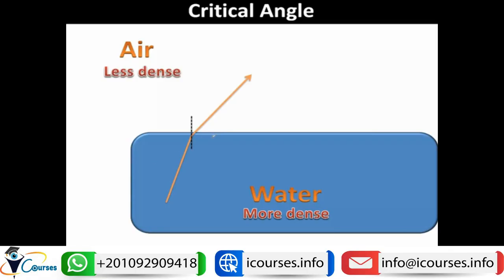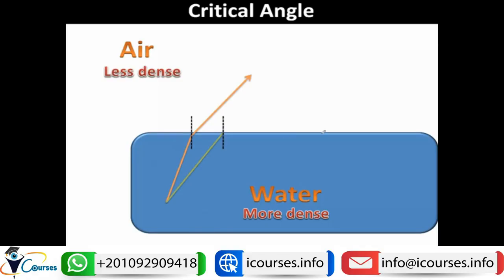So what happens if we increase the angle of incidence? As we said, refraction depends on different factors like the refractive index, the angle of incidence, and the wavelength of light. Here we are fixing the refractive index of both materials and the wavelength of light, and only changing the angle of incidence.